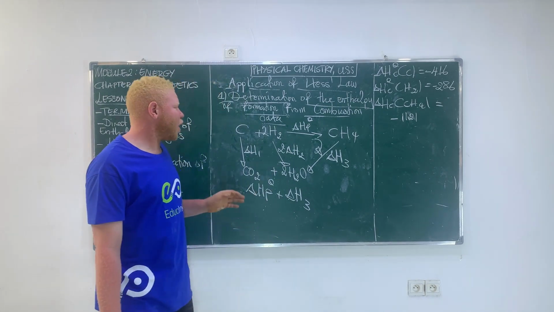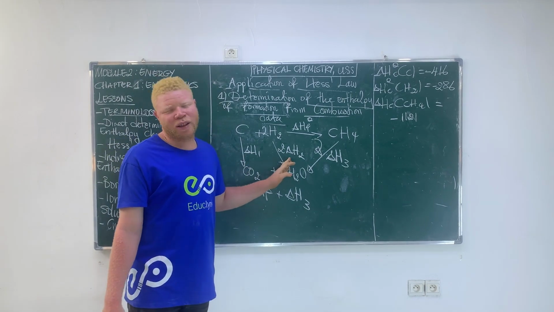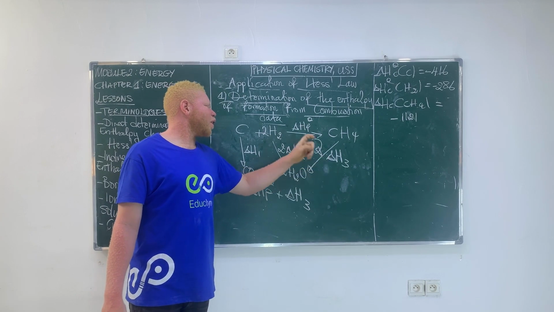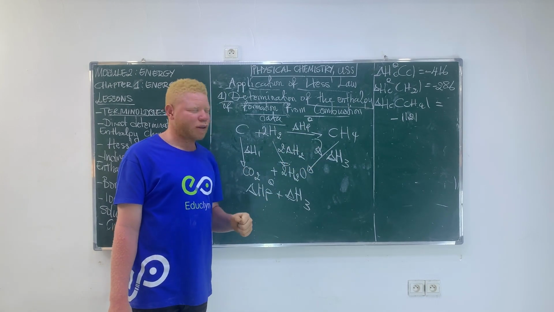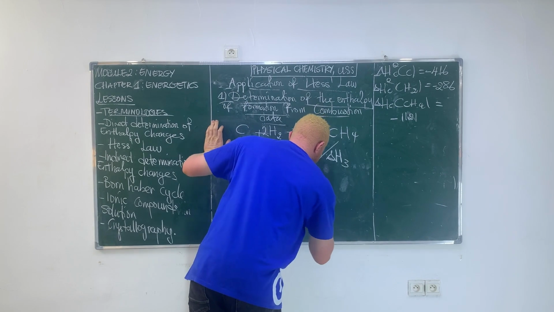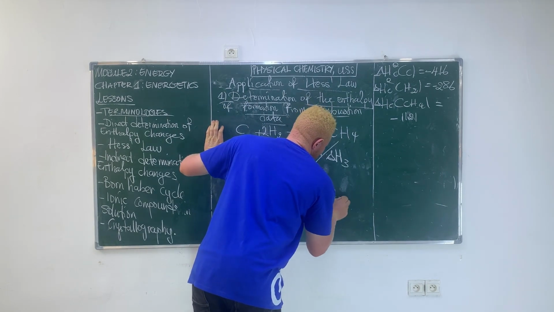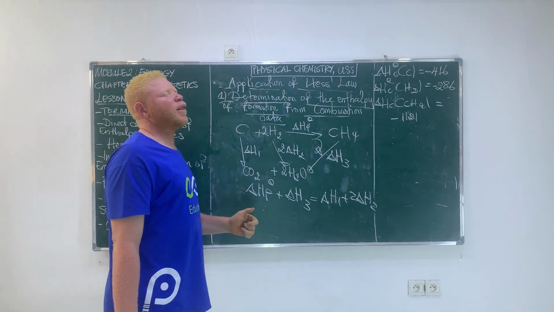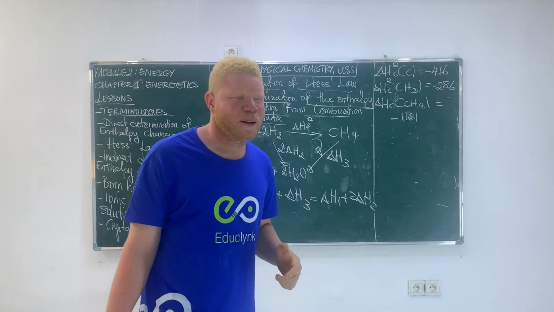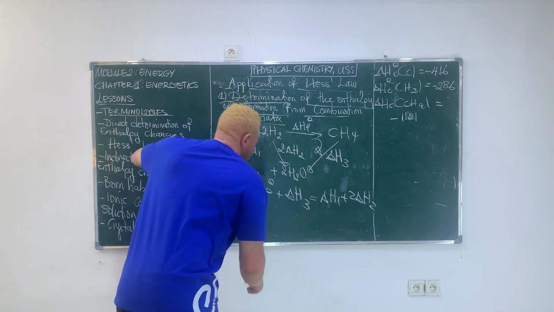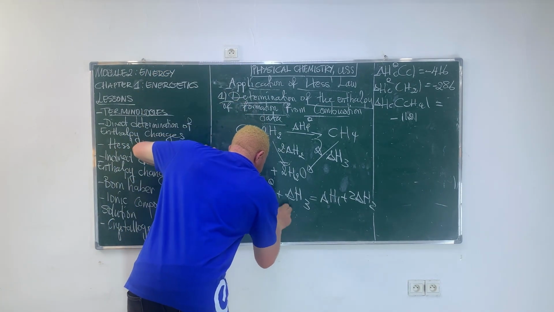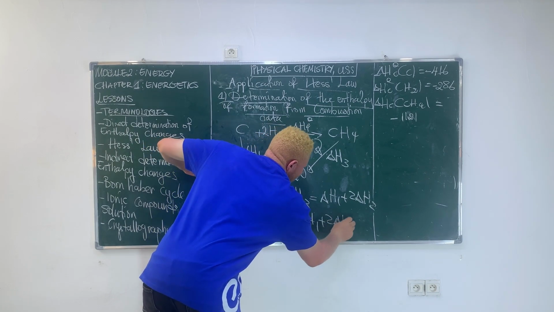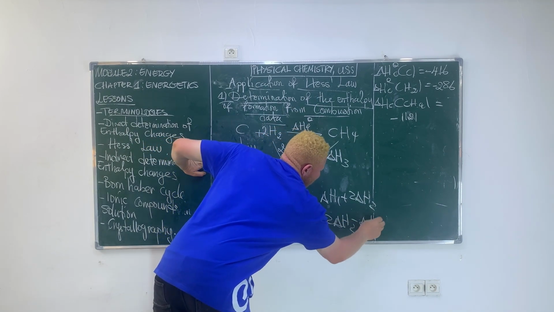The negative arrows are delta H1 and 2 delta H2, because they are going in this direction. Delta H3 and delta H formation are going in the positive direction. So delta H formation plus delta H3 equals delta H1 plus 2 delta H2. Making delta H formation the subject of the formula, delta H formation equals delta H1 plus 2 delta H2 minus delta H3.